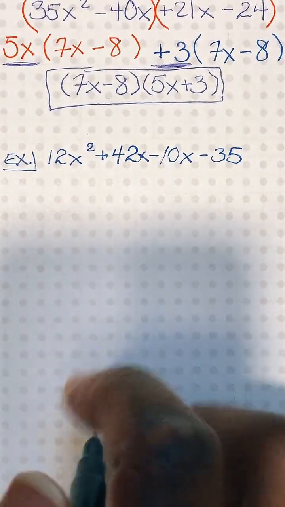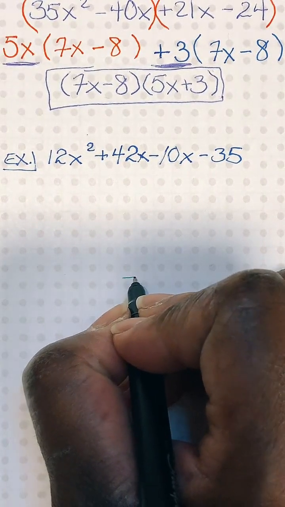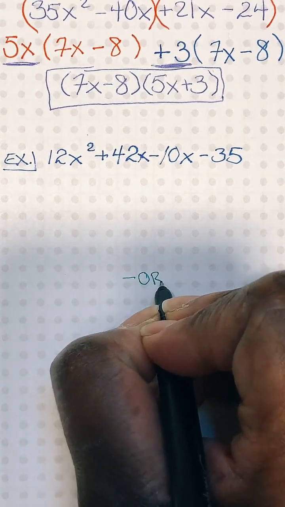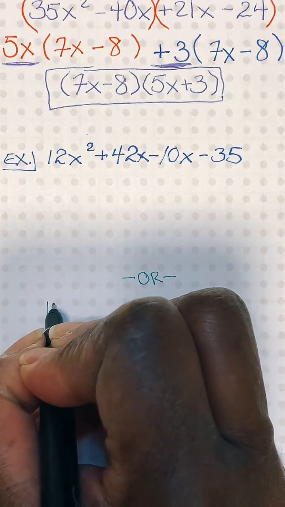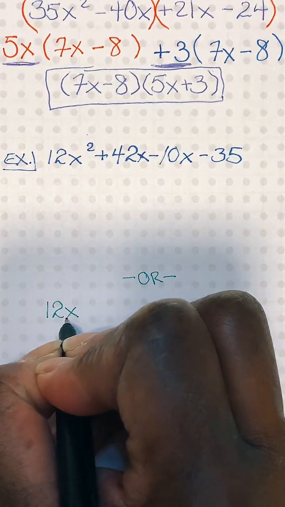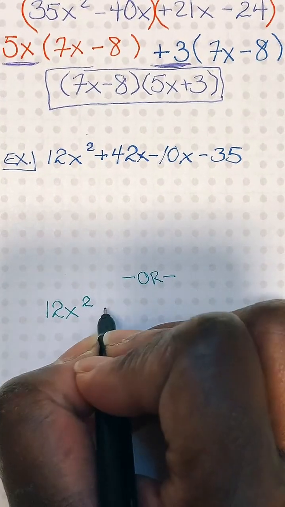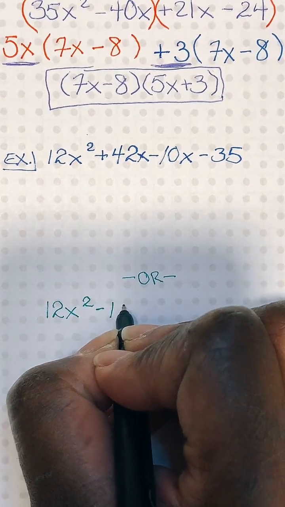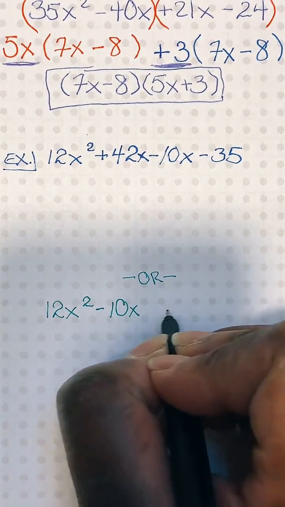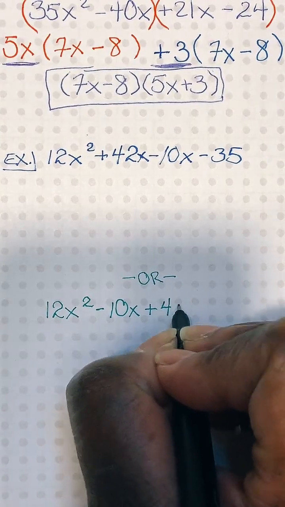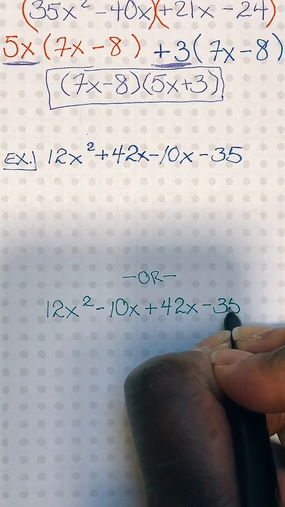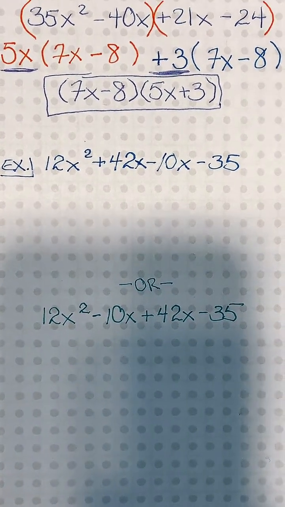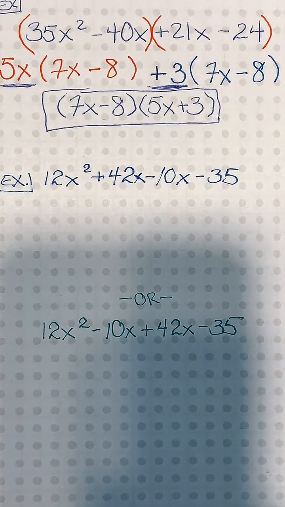I'm going to get some room for us to do that, and I'm going to write the word or. I'm going to raise this up after we finish with the other two.